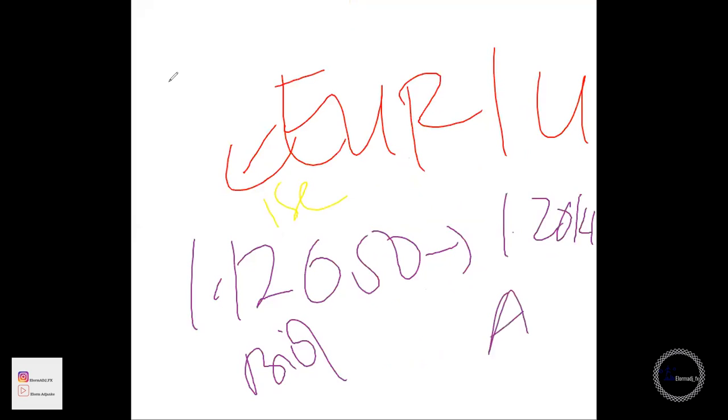So this is the ask price. The difference between the bid and the ask is the spread.